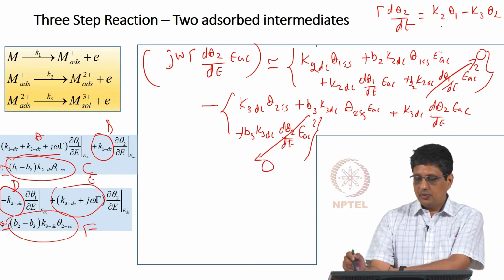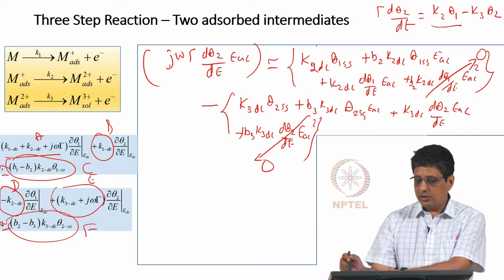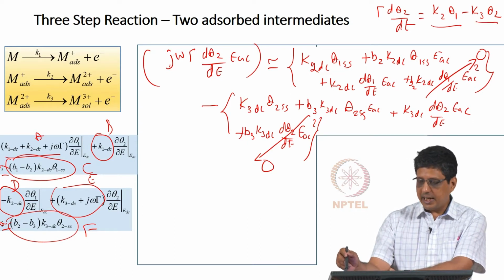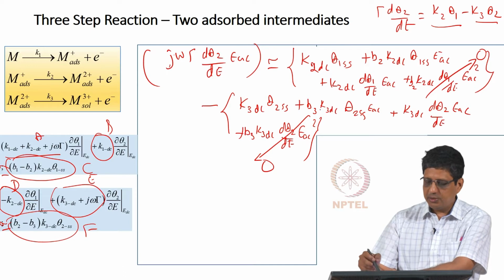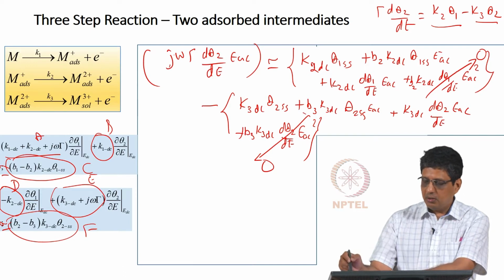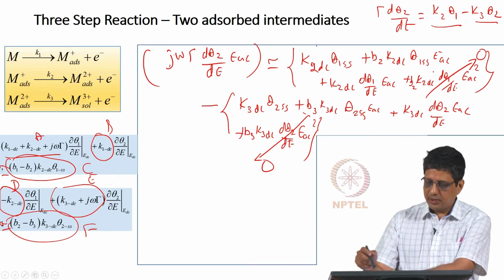So, first term k2 theta 1 gives you 4 different terms, second term minus k3 theta 2 gives you 4 different terms. We throw away the EAC square term in each of these.